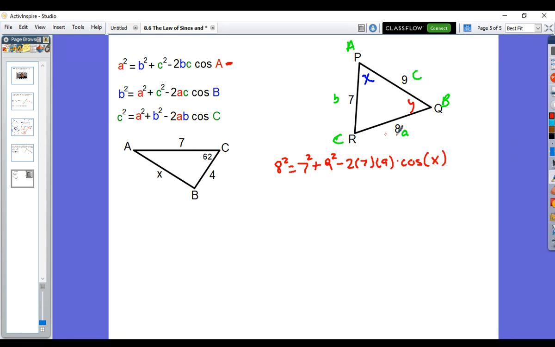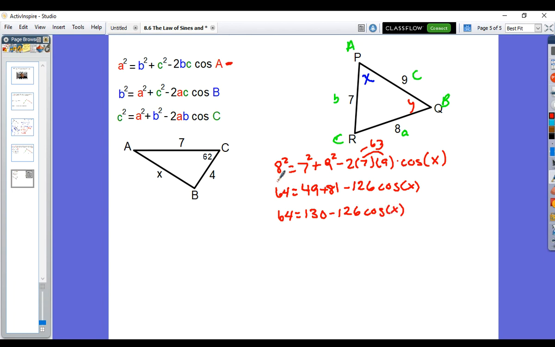So this is 64 equals 49 plus 81 minus 7 times 9 is 63, times 2 is 126, cosine of angle X. We add those together, and we get 64 equals 130 minus 126 cosine of X. Now we think, what do we do from here?